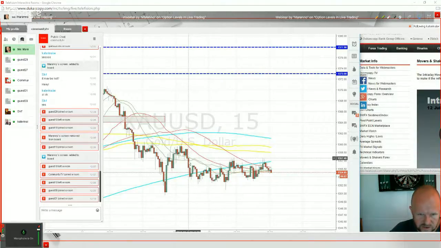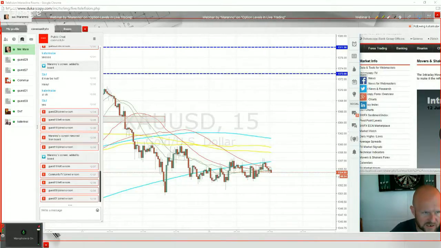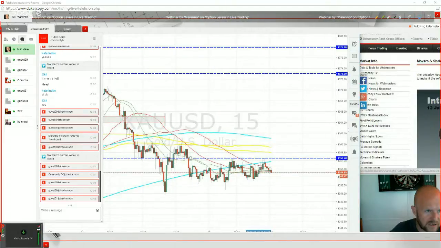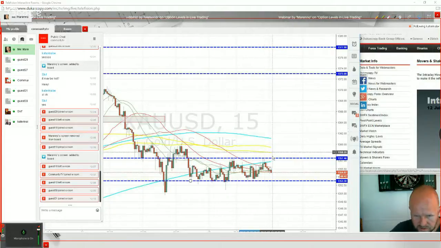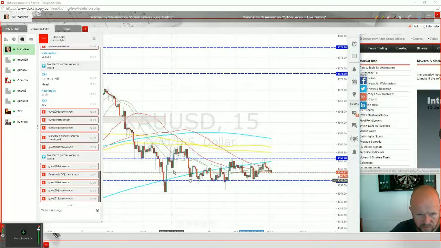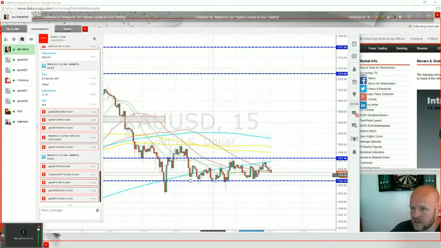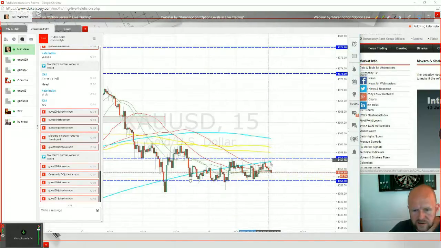Most of you are making this kind of mistake: you place one level here, another level here, and you just place a sell limit order here and a buy limit order here. But as we can see, we do have a false breakout, and what this false breakout really shows us is that the price is collecting the volume.